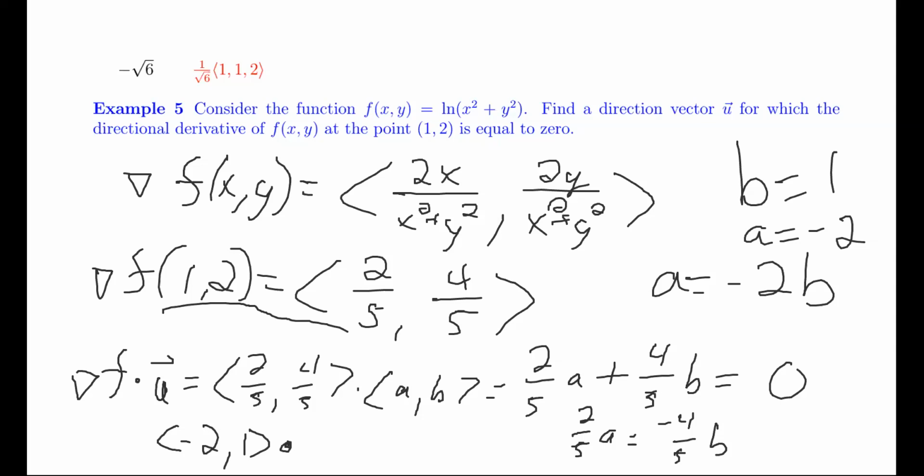So we multiply that by 1 over root 5. And that's actually the end of that problem. We have the unit vector that is orthogonal to the gradient of f at 1, 2.